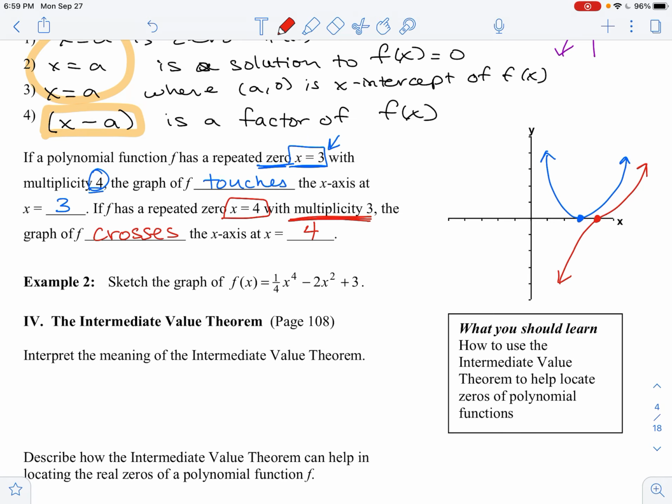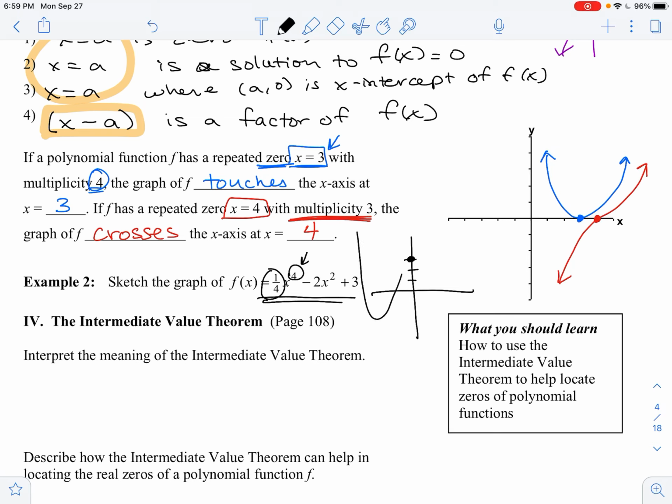Okay? So let's sketch the graph here. A couple things that we know. We know it's positive, even, and we know it hits the graph at y equals 3. So I know it has this degree 4. We also know that a 4 can possibly move in 4 directions. So I know it's going to end positive on both sides.